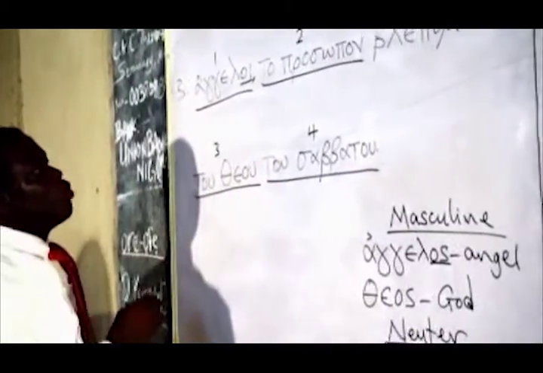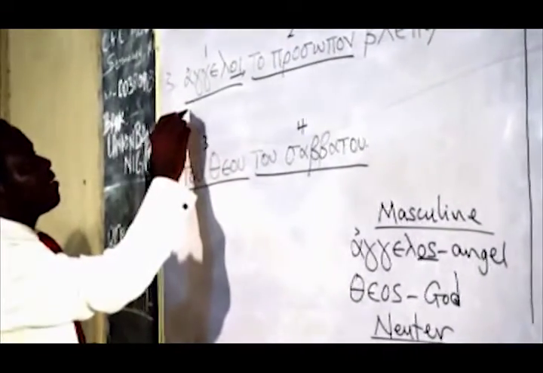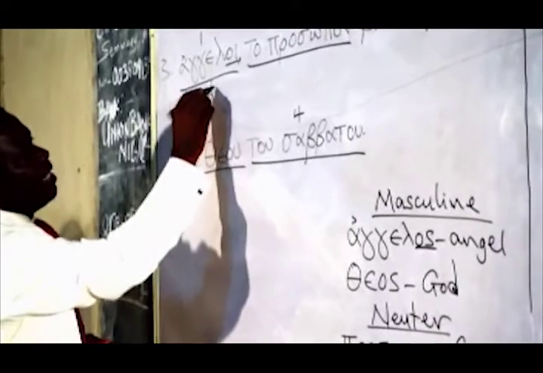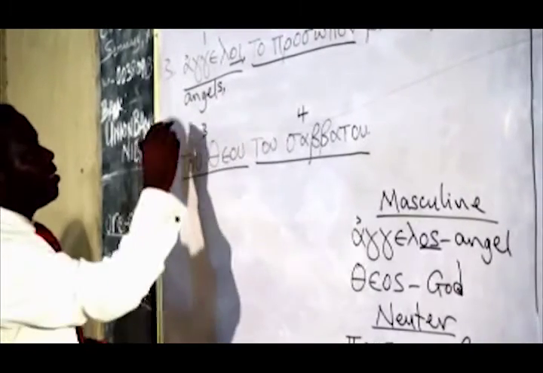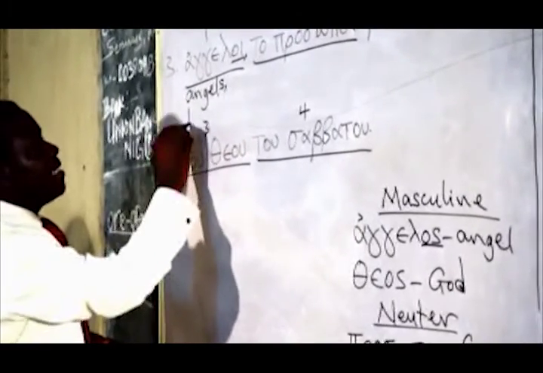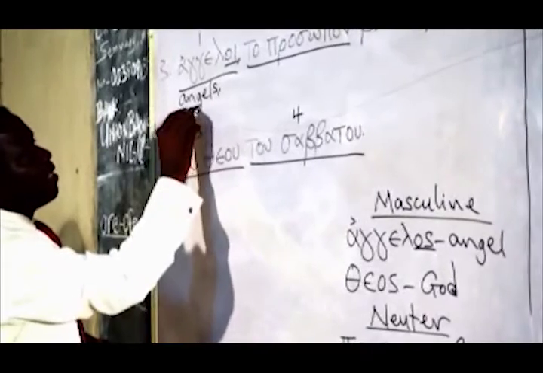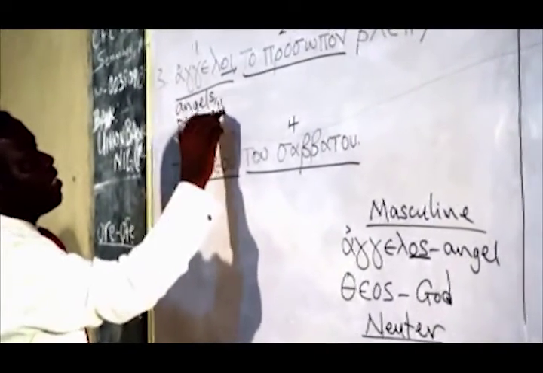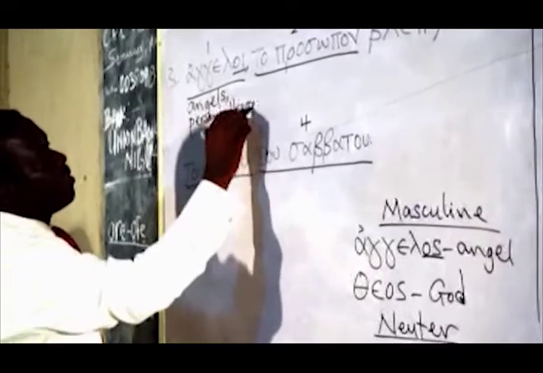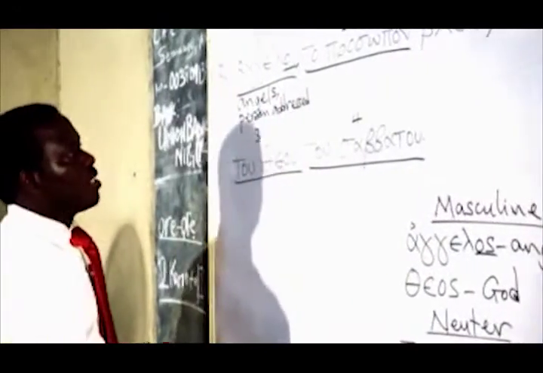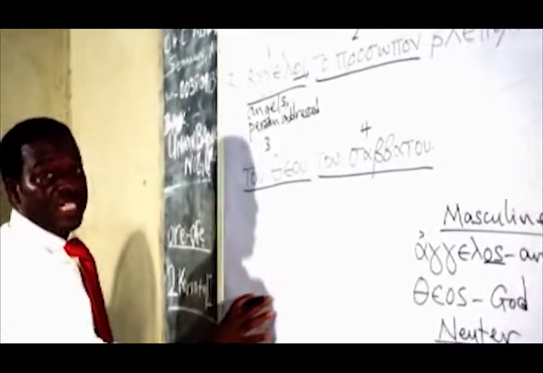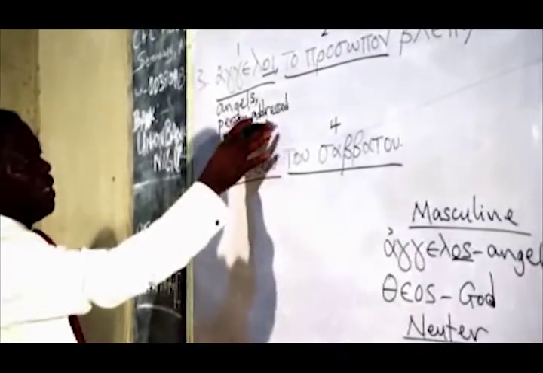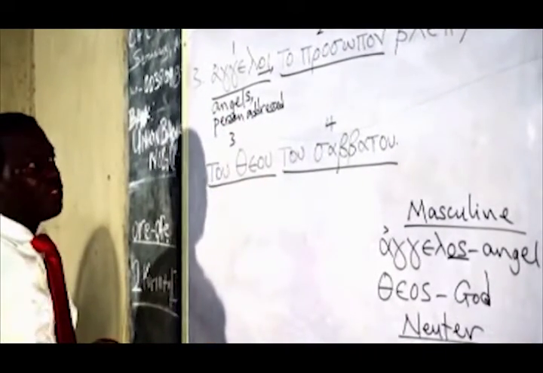That means this will be angels, comma, then person address in English. So when we are facing it in English, it will be easier for us, because vocative is equivalent to person address in English.